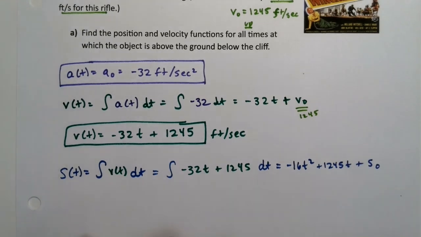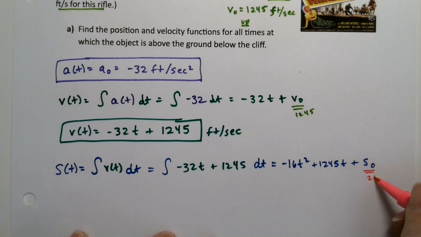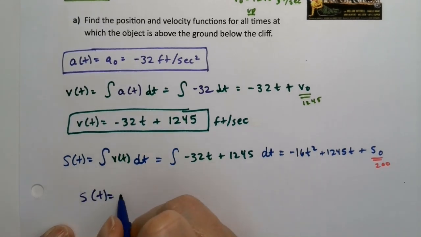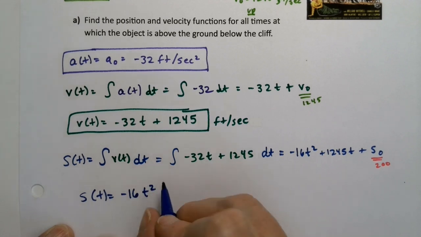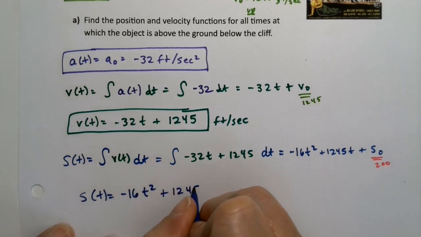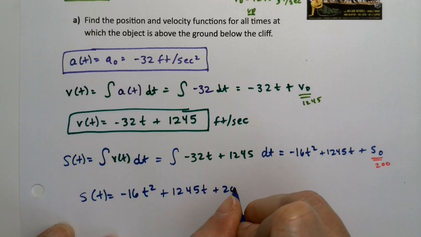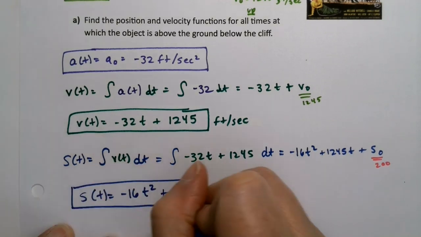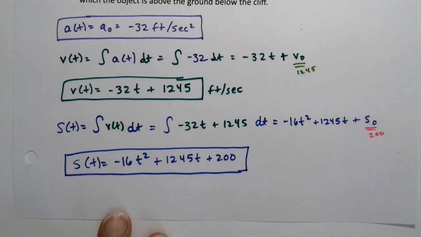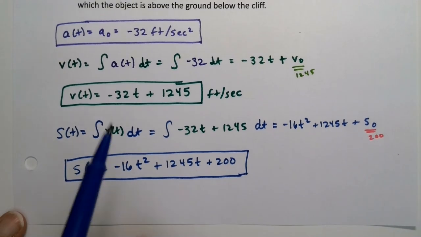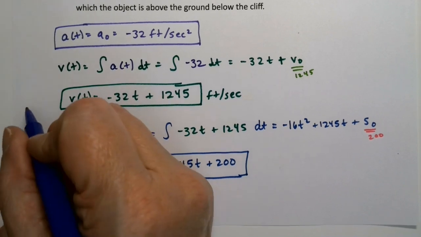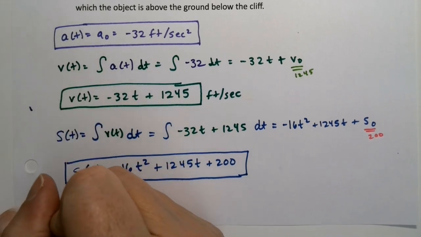But we were given s0. s0 is 200. So that means that s of t is equal to negative 16t squared plus 1245t plus 200. And there we have it. They asked for position and velocity. I gave them acceleration, position, and velocity. So here's velocity, and here's position.